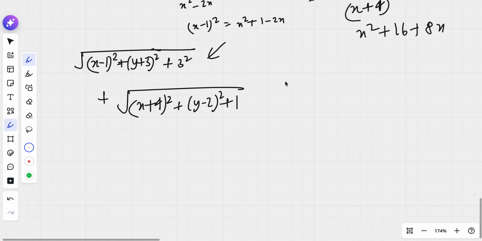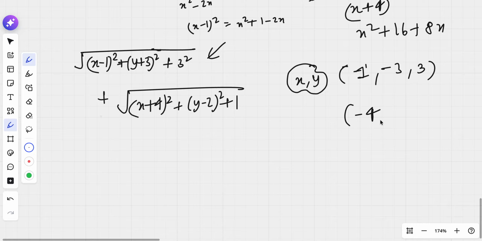Okay, this is telling us that there's a point x, y, z in 3D, or you can say we have to find the shortest distance of x comma y from the points 1, -3, 3 and -4, 2, 1.